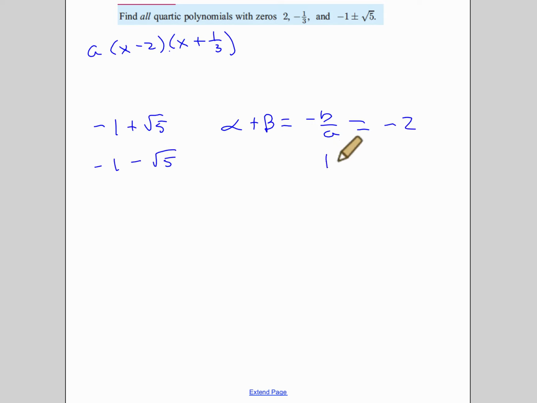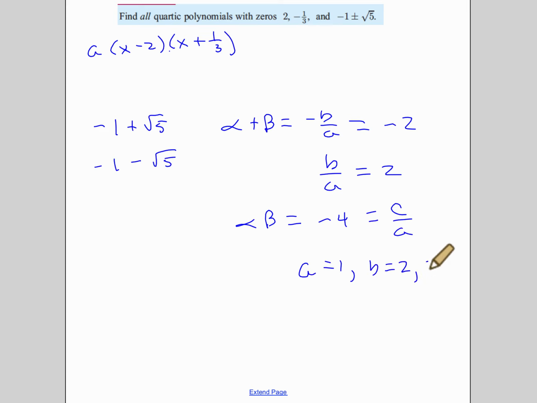So that means that b over a is equal to 2. And then alpha times beta, (-1 plus root 5) times (-1 minus root 5), turns out to be -4, which is equal to c over a. Okay, so clearly we can see that a is equal to 1, b is equal to 2, and c is equal to -4.